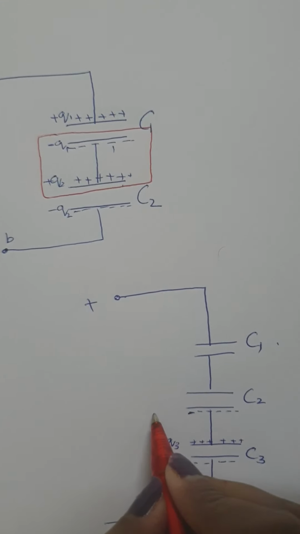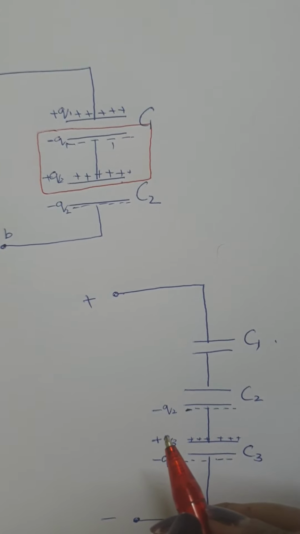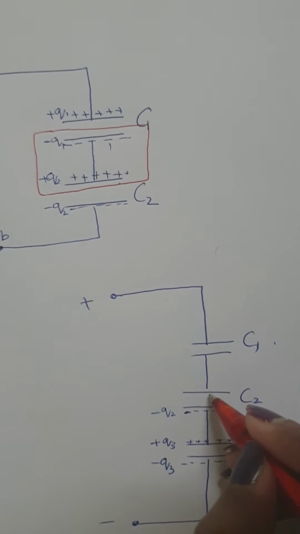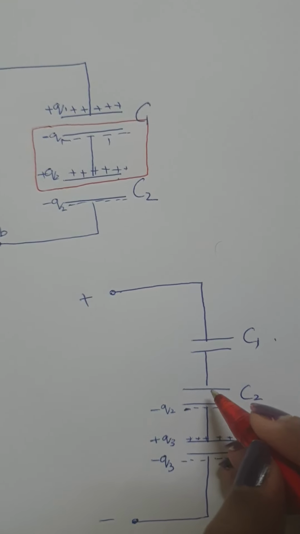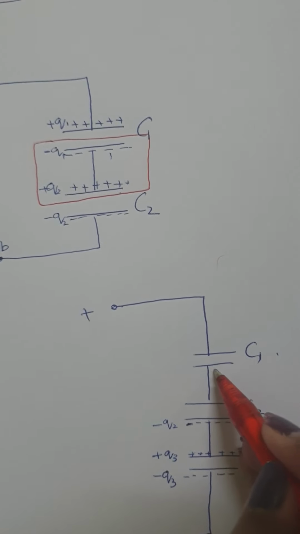Again, the charge on the bottom plate of C2 repels negative charge from the top plate of C2 to the bottom plate of C1.